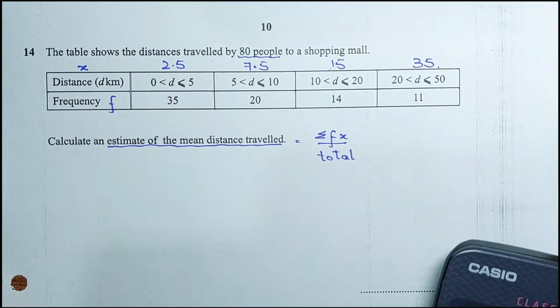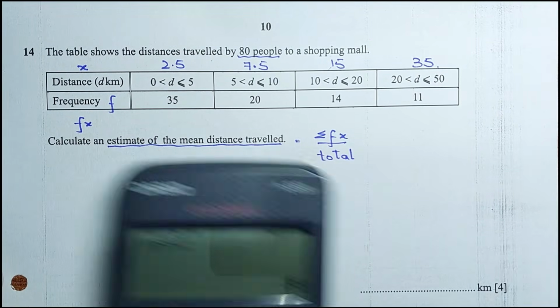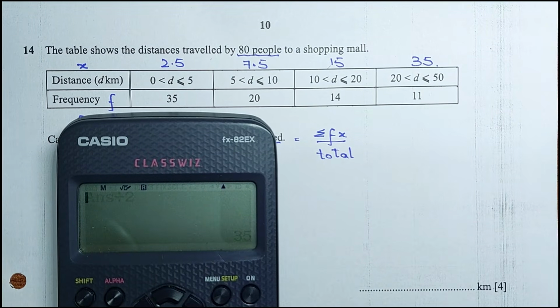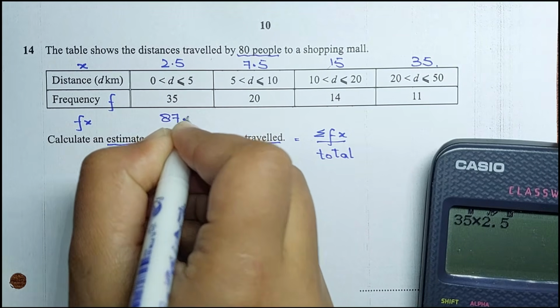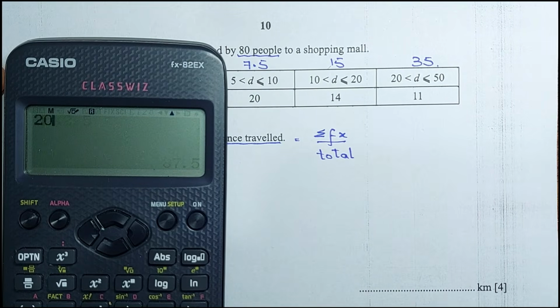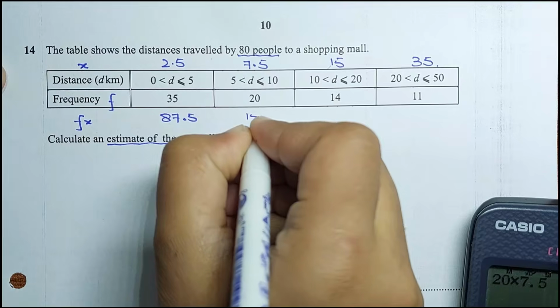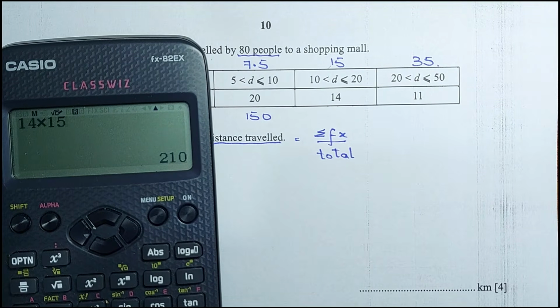Now let me calculate fx, the product of the frequency and the midpoint. 35 times 2.5 is 87.5. 20 times 7.5 is 150. 14 times 15 is 210.